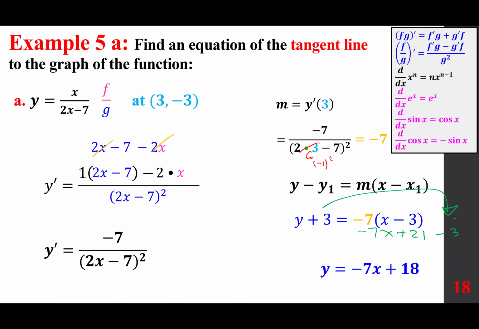Y equals minus 7x plus 18 is the final answer. This pair belongs to the function, also belongs to the tangent line. You can check it works, which means this part was done properly with no problem.